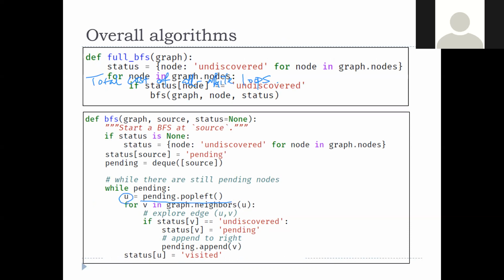If you think about it, every node in your graph can only change its status from undiscovered to pending exactly once. Once it becomes pending, later you take it out in the while loop, process it, and change it to visited. You will not become pending again. So every node will become pending exactly once.